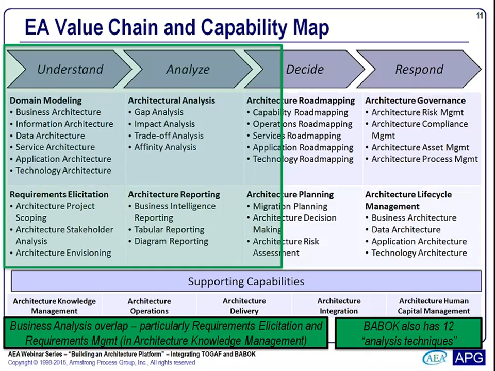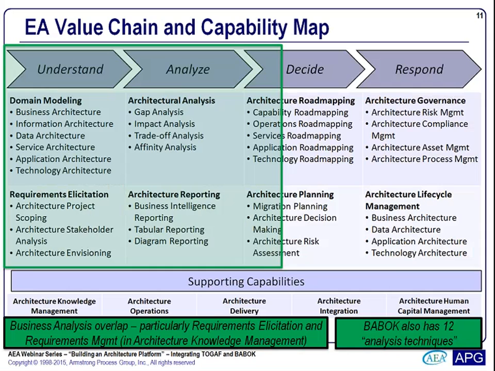If we take a look at the enterprise architecture value chain, which some of you may find familiar, because I think this was one of our first sessions about a year ago. This is a body of work that I and a couple other folks have been working on at the Open Group in the Enterprise Architecture Capability Improvement Project, where we came up with this value chain to really describe what architects do: understand things.